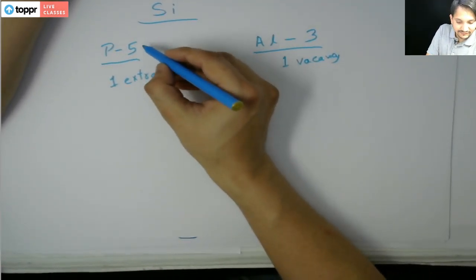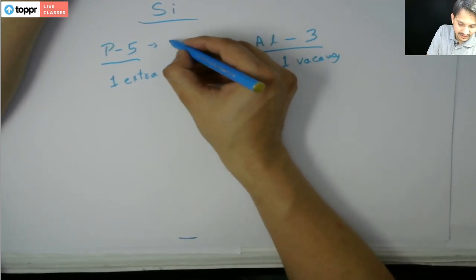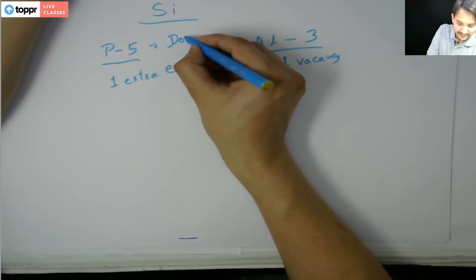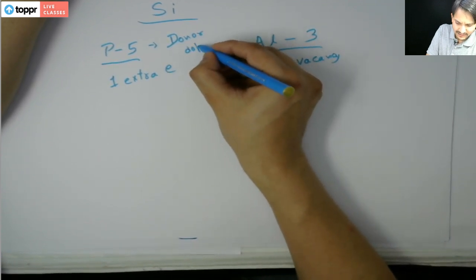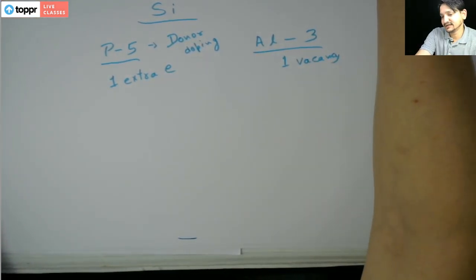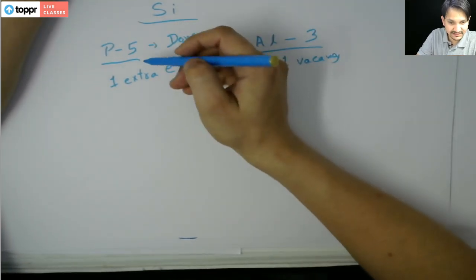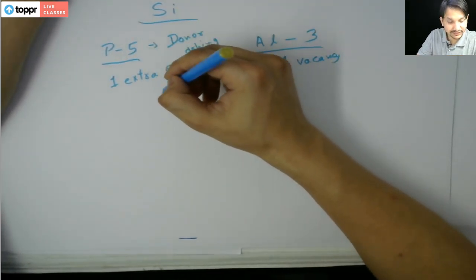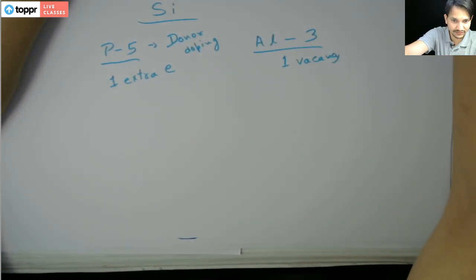This kind of doping, phosphorus type doping, is called donor doping. I think this is also named by a different name, the positive doping and negative doping. Since this is giving an extra electron, this is a negative type doping, or am I wrong?